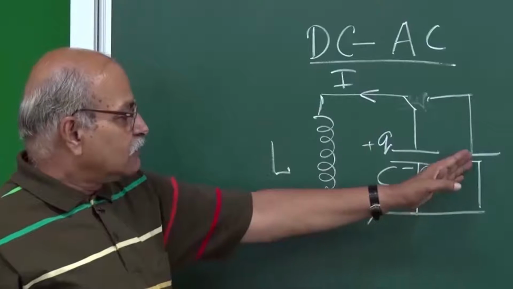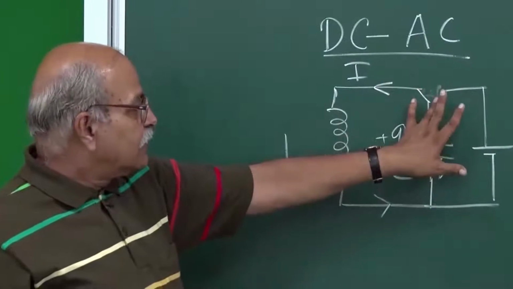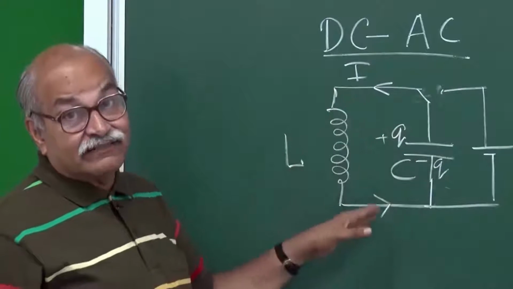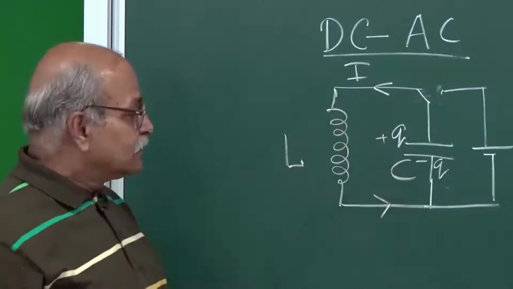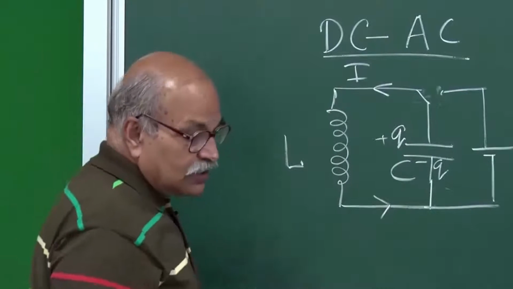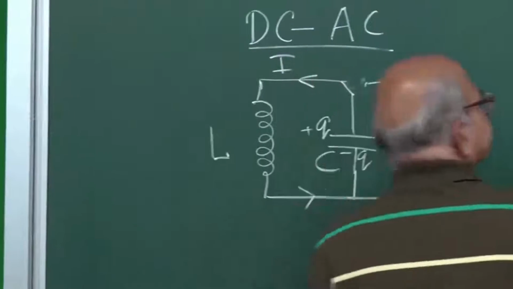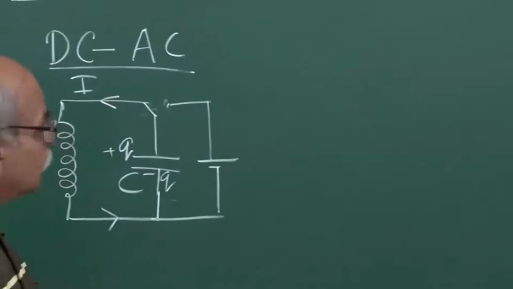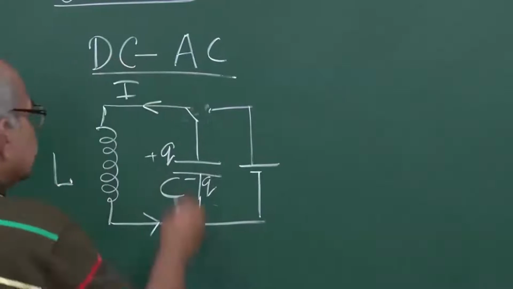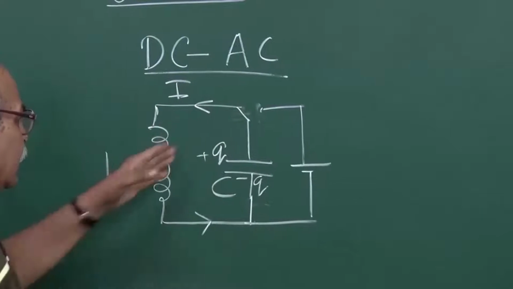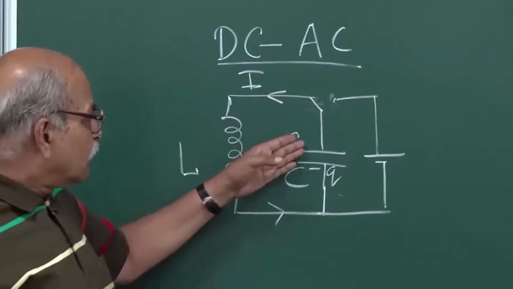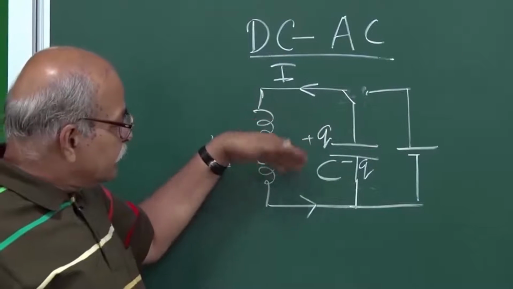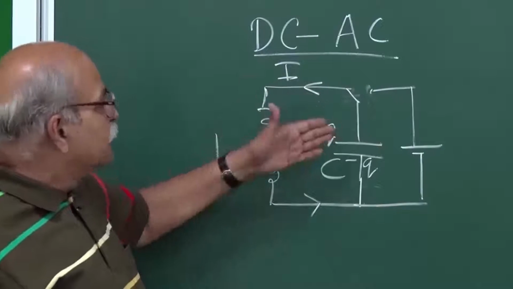So after charging through this battery, we just disconnect it, and here you have a current, and this current oscillates at a particular frequency, right? If you go by equations, as the charge gets transferred between these two plates, Q is decreasing, and the rate of decrease of Q is also changing.